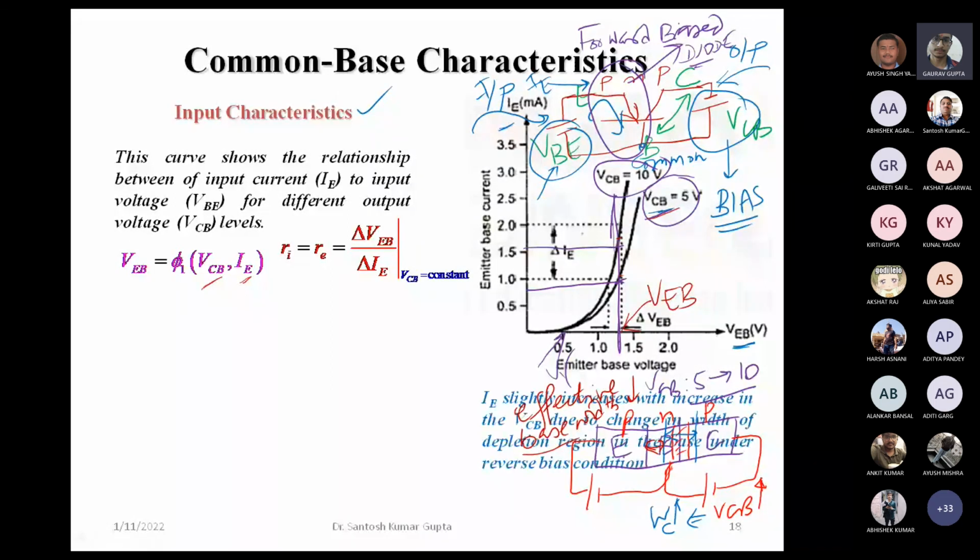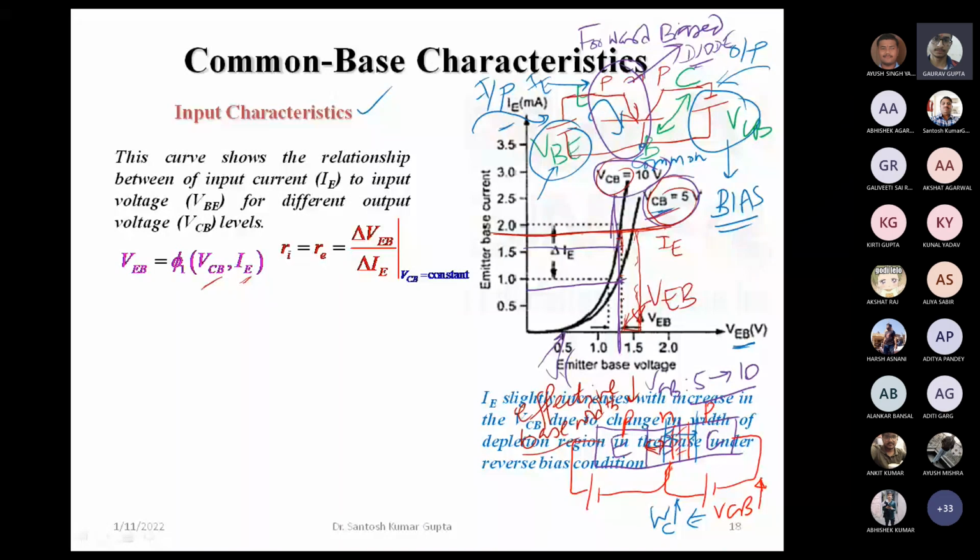We can say in other words that for the same IE, if we put a horizontal line like this here, we require a lower VBE for a high VCB. If VCB is low, then we require a higher value of VBE, whereas if VCB is large, then we require a lower VBE for the same high current.